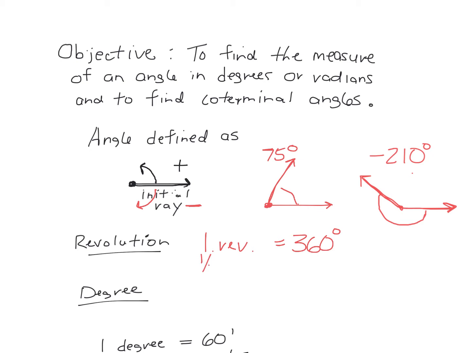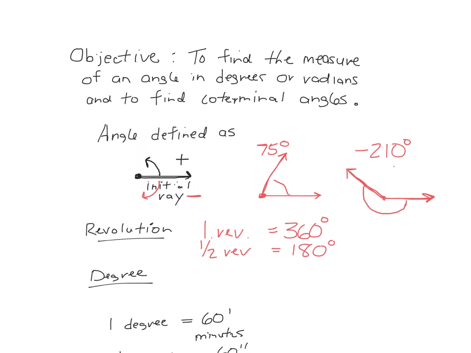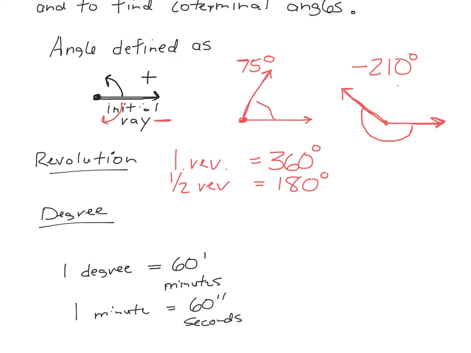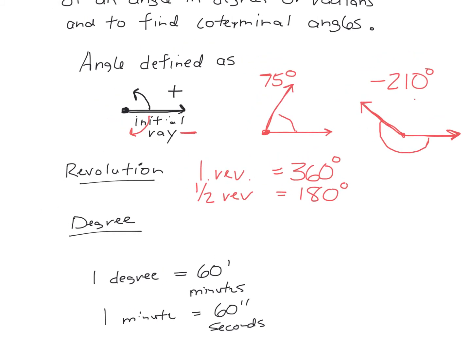If we have half a revolution, then we have 180 degrees, because that would form a straight line, and there are 180 degrees in a line. As far as degrees go, a degree is a pretty small unit of measurement, and there are 360 of those degrees in a revolution.